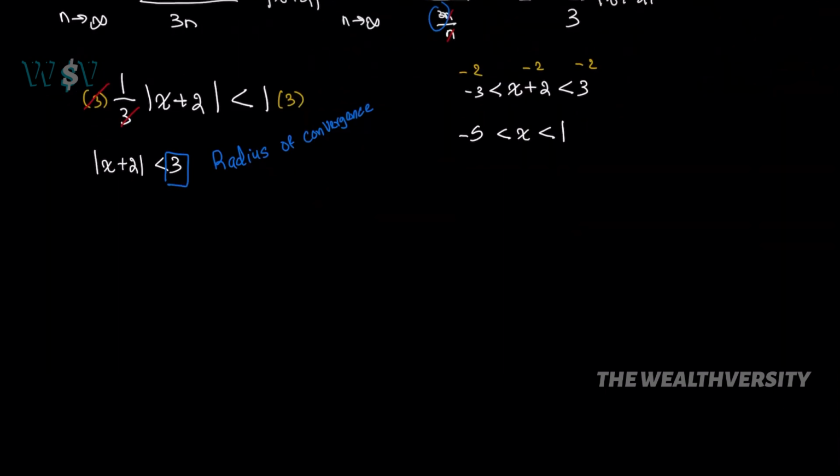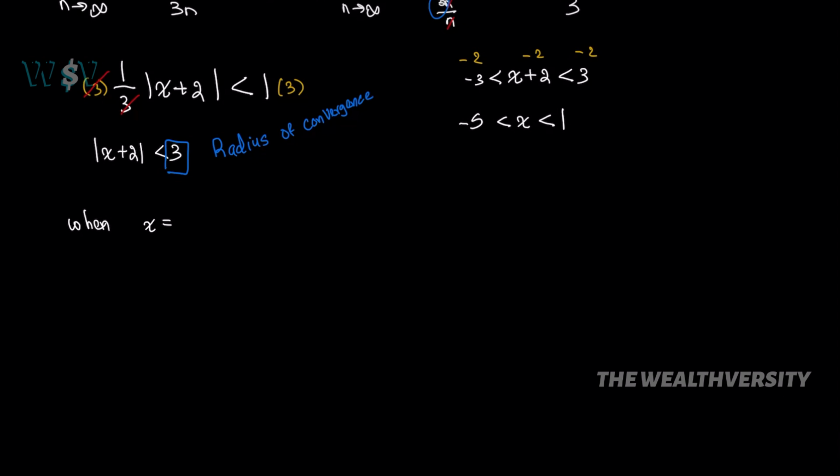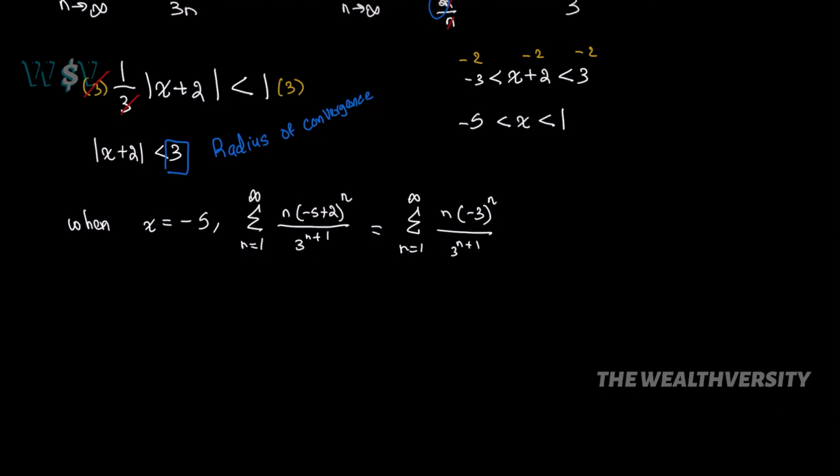So when x is equal to negative 5, the series becomes n times (negative 3)^n over 3^(n+1). Using exponent laws, which state that if two variables have the same exponent, then we can multiply them, we will break negative 3 to the power of n into (negative 1)^n times 3^n.